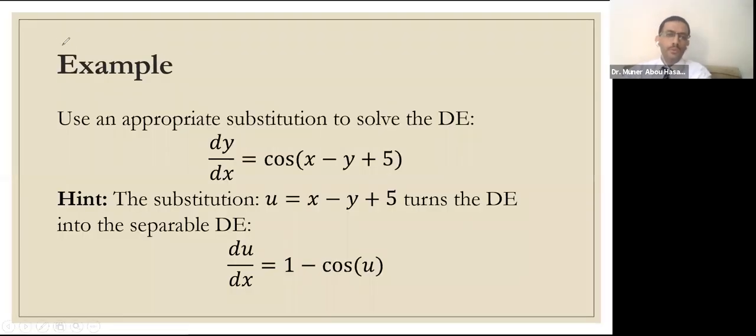So here, the equation was y prime equals cosine of x minus y plus 5. Because it isn't exact, it isn't linear, it isn't separable, it isn't homogeneous, I'm going to solve it with u equals x minus y plus 5.